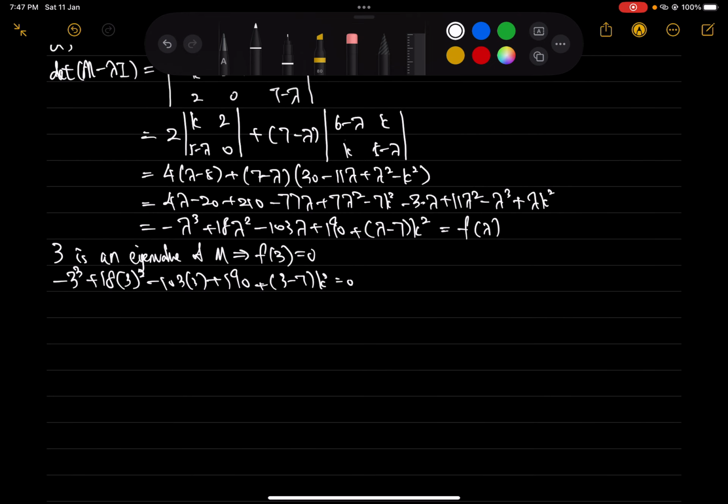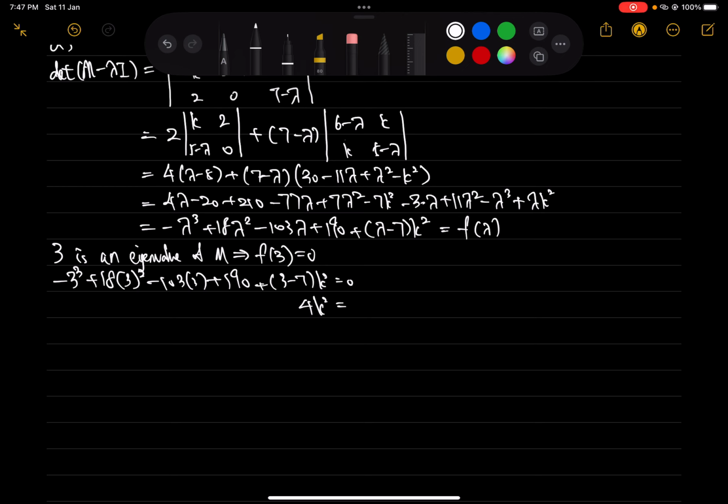And this one is quite annoying. So that's 4k squared equal to 3 squared, 9. 18 times 9 is 162 minus 27.